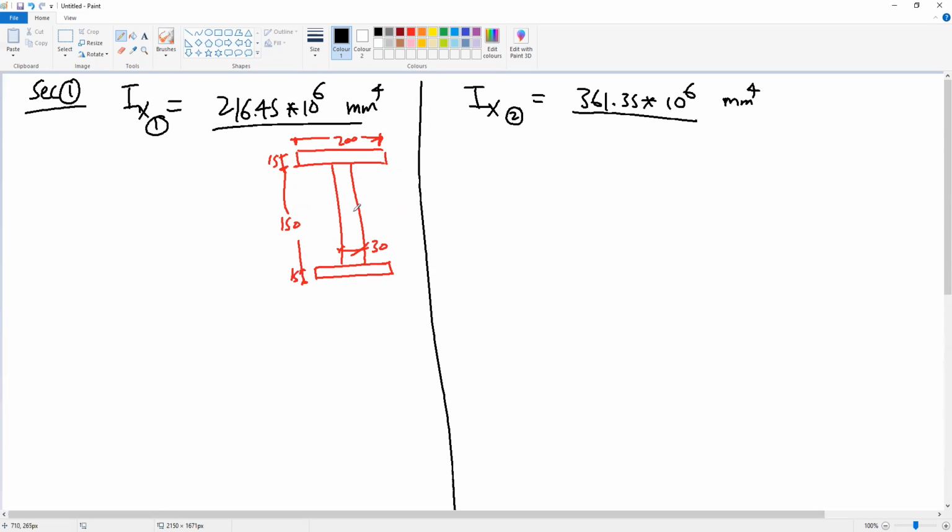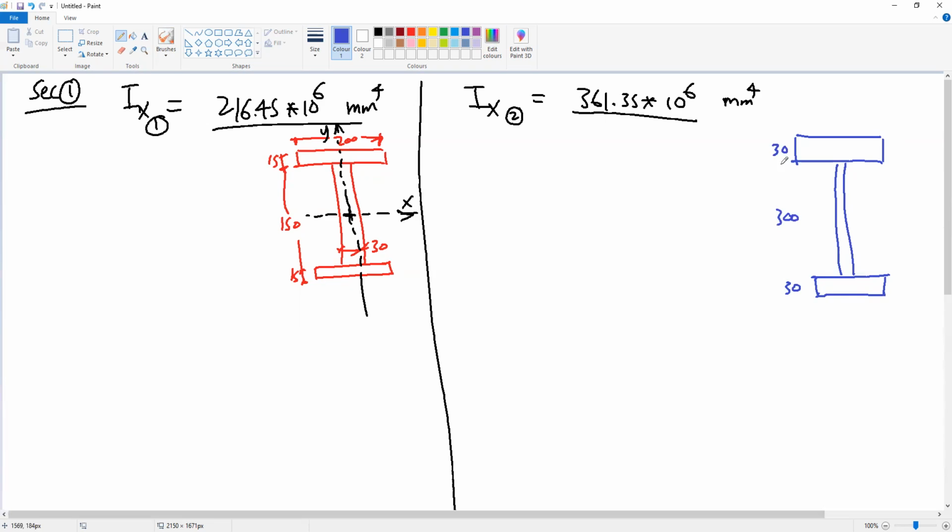And we have the centroid in the middle here. So this is X, this is Y. Okay, and the second section is 300, 200, 50.